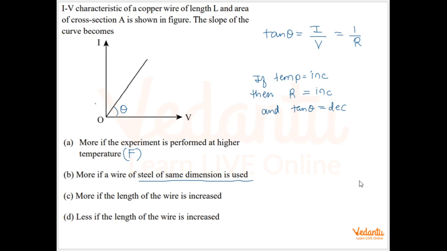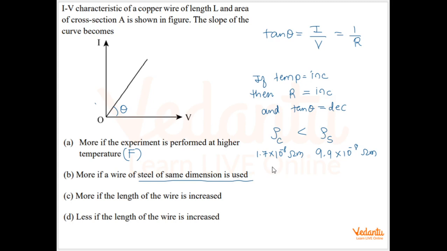Steel, on the other hand, is not a very good conductor compared to copper. So here, what you have to remember is that resistivity of steel is much bigger than resistivity of copper. This is somewhere around 9.9 into 10 power minus 8 ohm meter, and this is somewhere around 1.7 into 10 power minus 8 ohm meter.